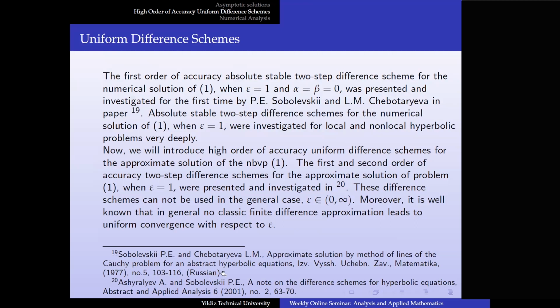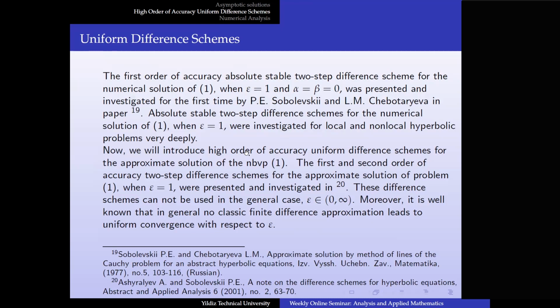It is in Russian. Absolute stable two-step difference schemes for the numerical solution of this problem when epsilon equals 1 were investigated for local and non-local hyperbolic problems very deeply. We can refer to Ashralif and Sobolevsky, their book and their publications, and our colleagues also.